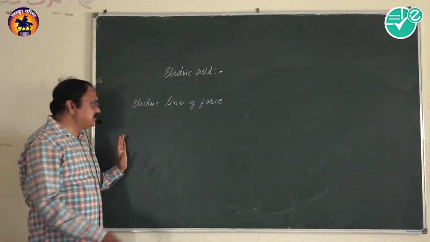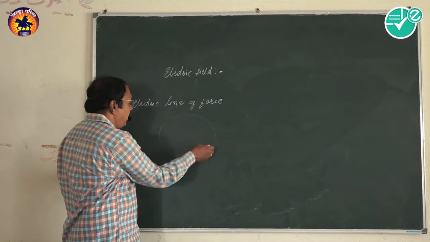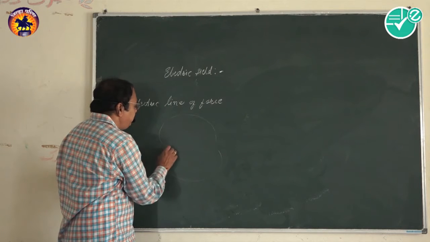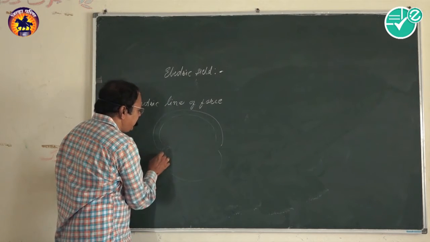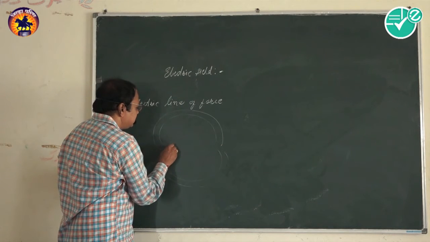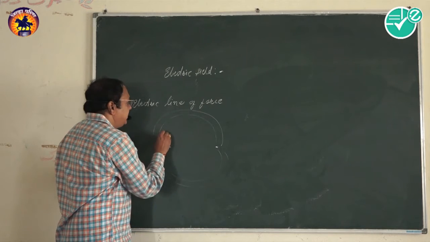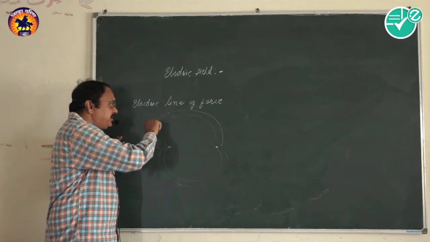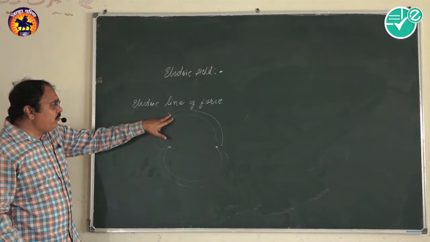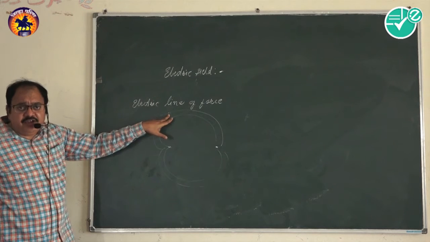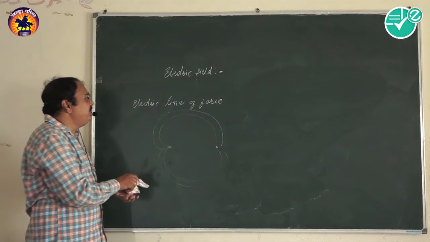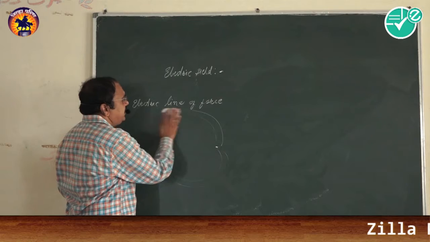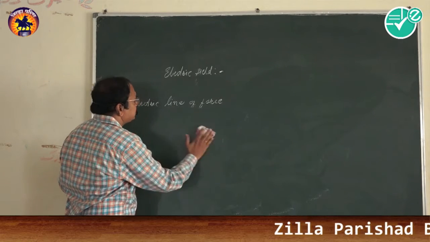Suppose these circular lines are field lines; if we draw a tangent at a particular point, it represents the direction of the field lines.